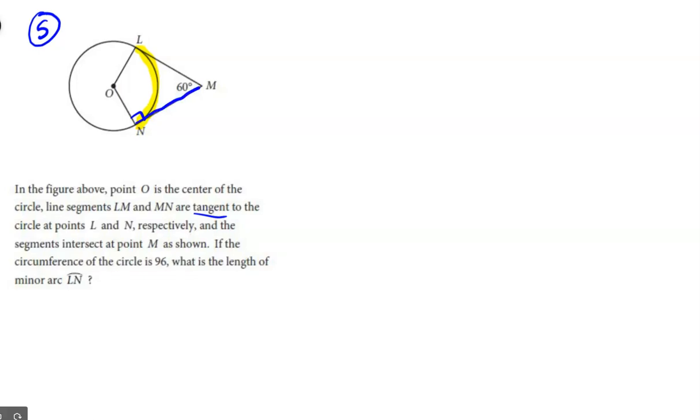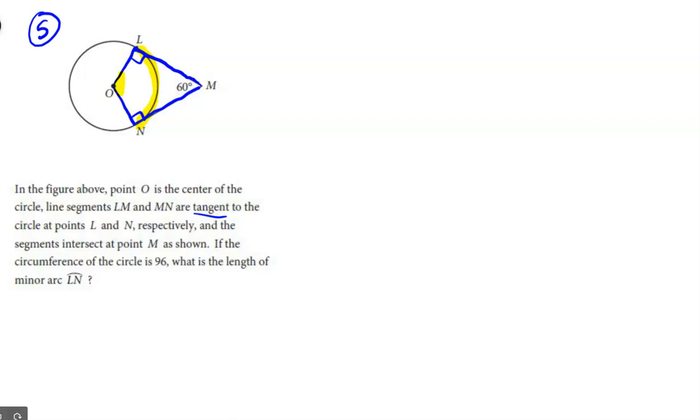So here's the tangent line, here's the radius. That hits at 90. It also happens up here, which hits at 90. And I know there's a relationship between this angle and that minor arc. They should be the same.